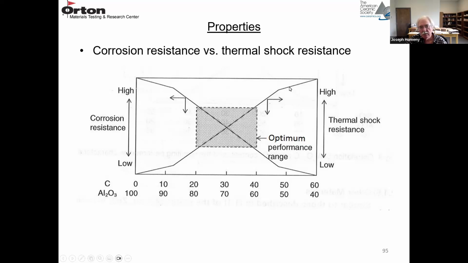And then this plot pointing to the right is thermal shock resistance as a function of this chemistry. So right in the middle, you're optimizing both the thermal shock resistance and the corrosion resistance. So this region is where you have your optimum performance.